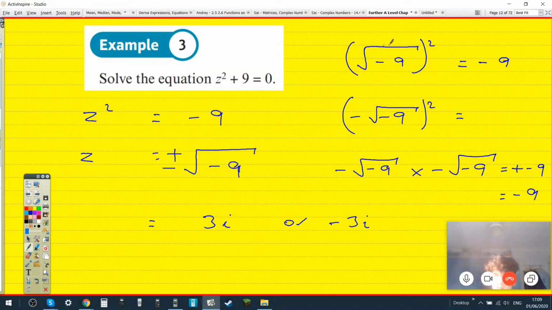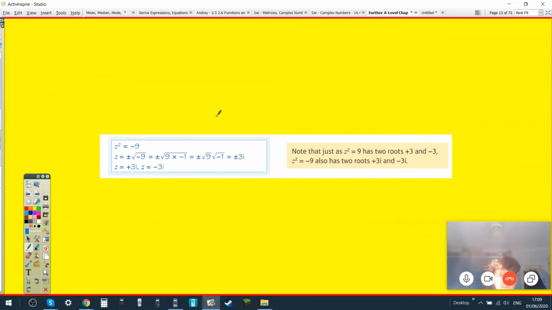So the square of root of minus 9 is the same as the square of the negative root of minus 9. And that's why you have plus or minus, because there's two possible answers. If Z squared gives you minus 9, then Z equals plus or minus square root of minus 9. Oh, I see. It's just the same principle. Plus 3i and minus 3i. Two possible roots.